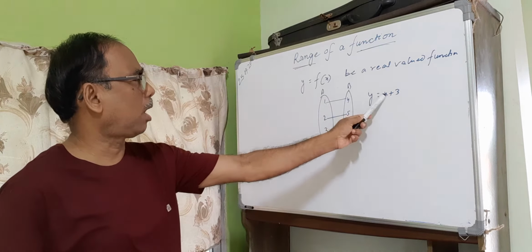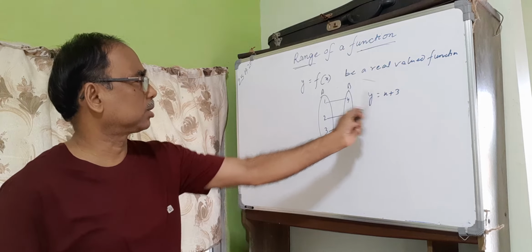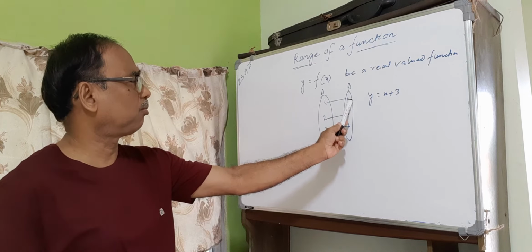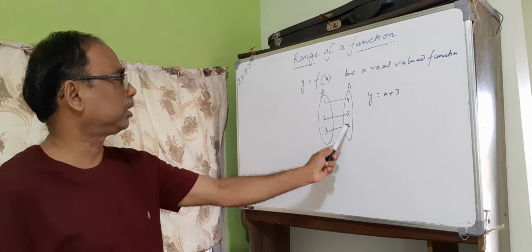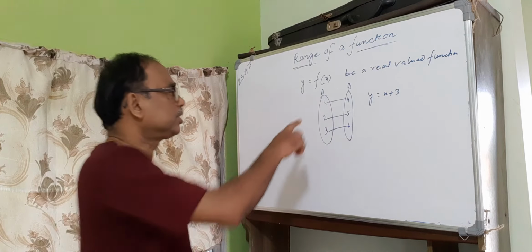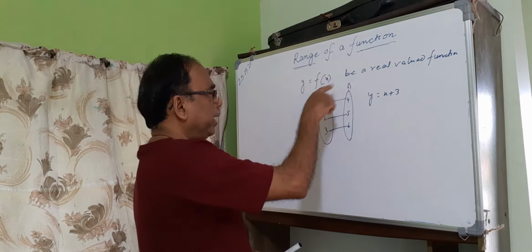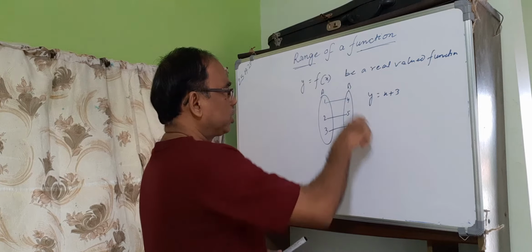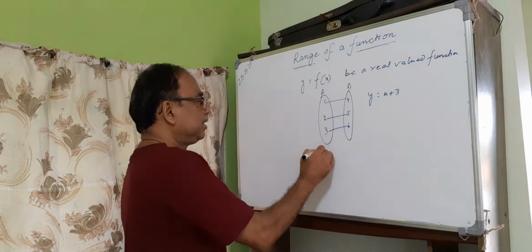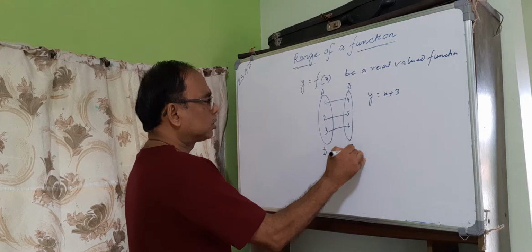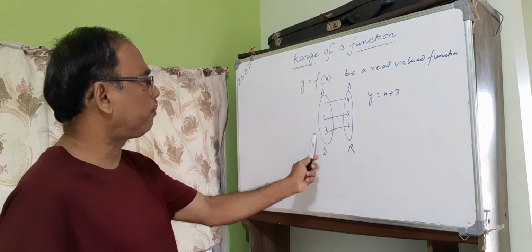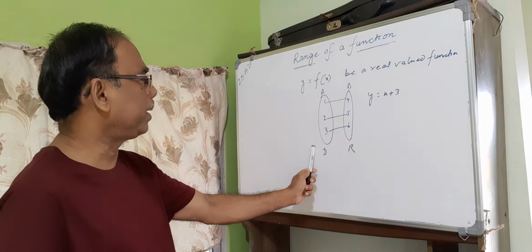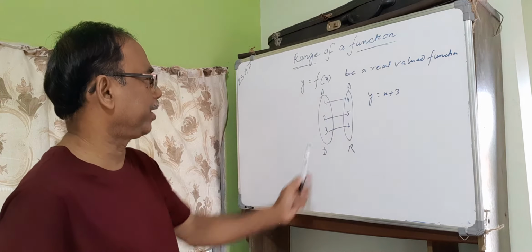When x is 1, y is 4, since 1 plus 3 is 4. So 1 goes with 4, 2 with 5, 3 with 6. This is the relation between A and B for this function. Here, this is called domain, this is called range.